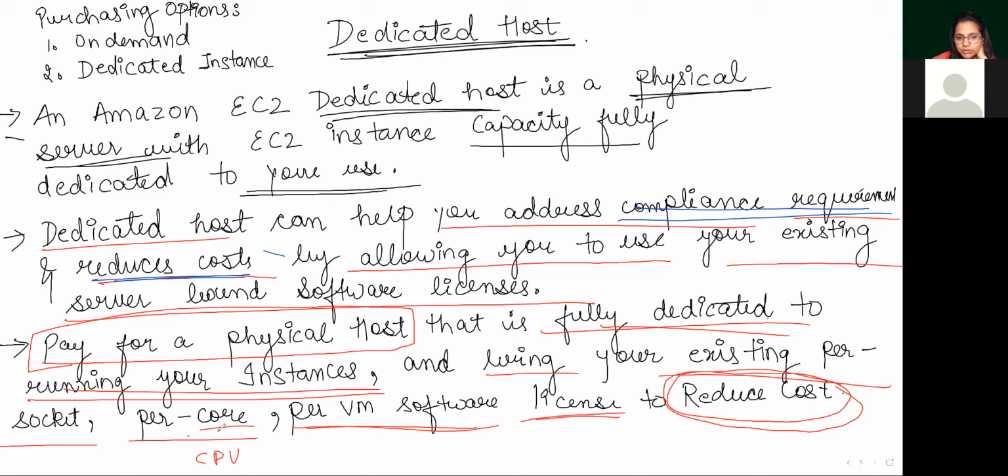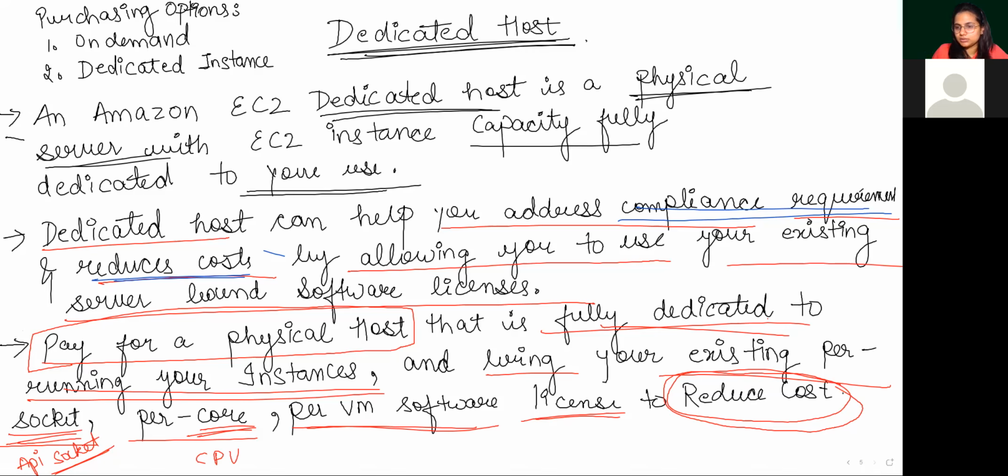Per-core means the core processing units. Sockets means the connecting APIs and sockets. If you have already bought those things in your local system, you don't have to buy them again inside the EC2 instance. Getting it? Okay, got it.